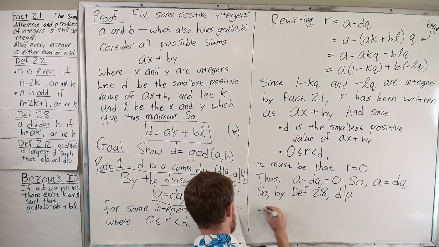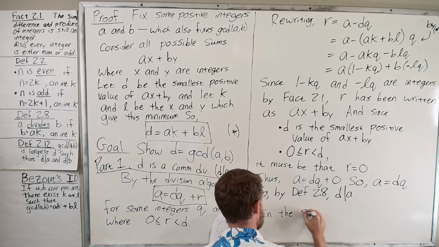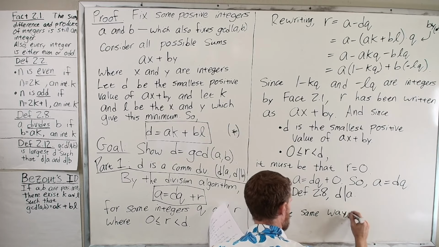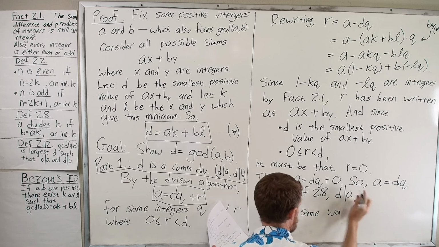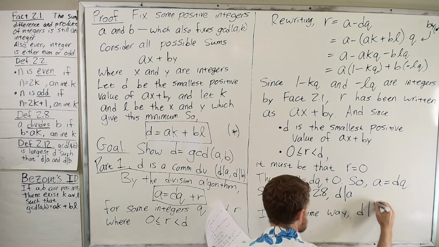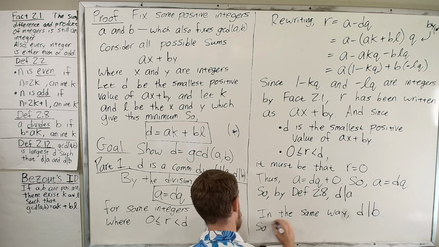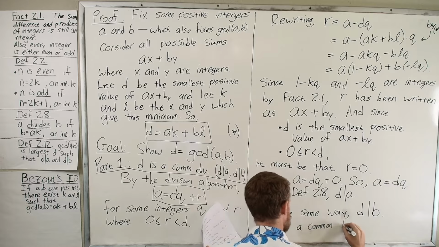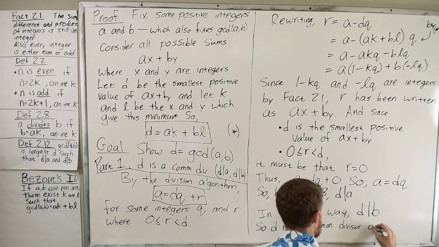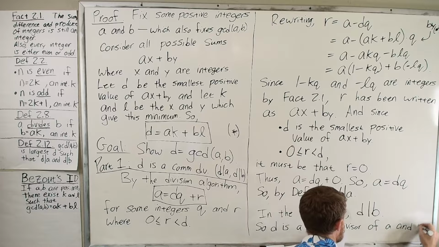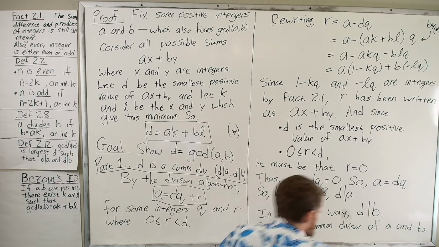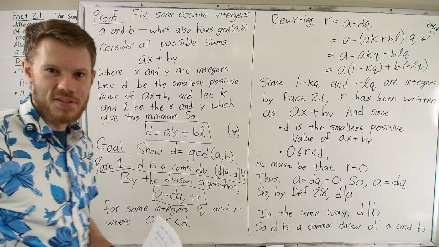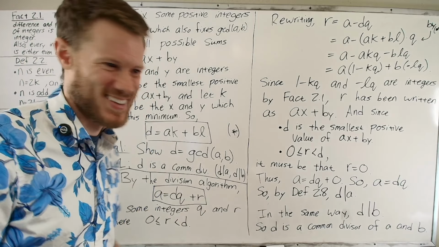I'll just say, in the same way, D divides B. So D is a common divisor of A and B. There you go. So that's the end of the first part, part 1 of step 3 of this proof.